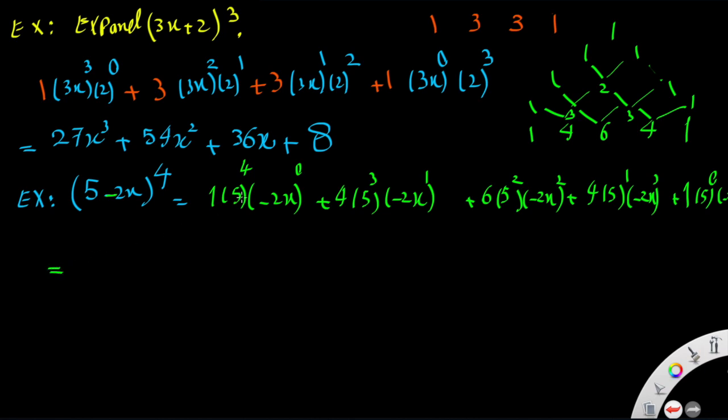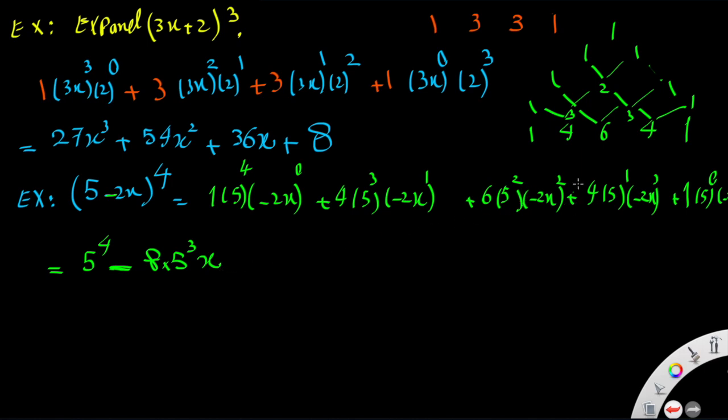It would be 5 to the power of 4 plus 4 times 2, it would be actually minus 8 times 5 to the power of 3 x.